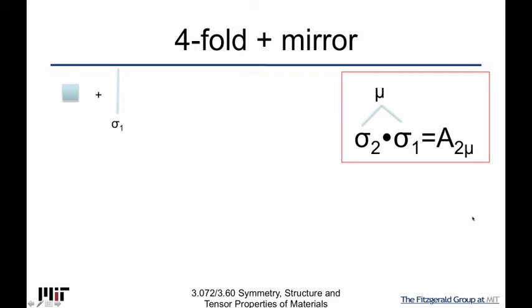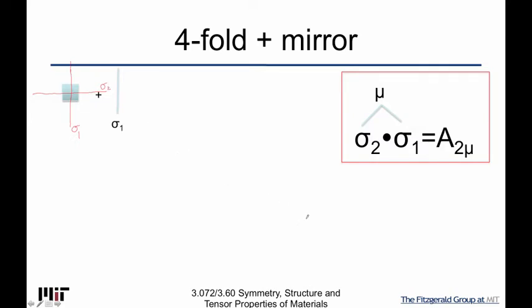Now one problem is that you're going to create an automatic other mirror plane that's not unique because of the fourfold symmetry. What I mean by that is that if I put sigma 1 through here, because I have a rotation of 90 degrees in fourfold symmetry, I'm automatically going to produce a non-unique mirror plane called sigma 2.